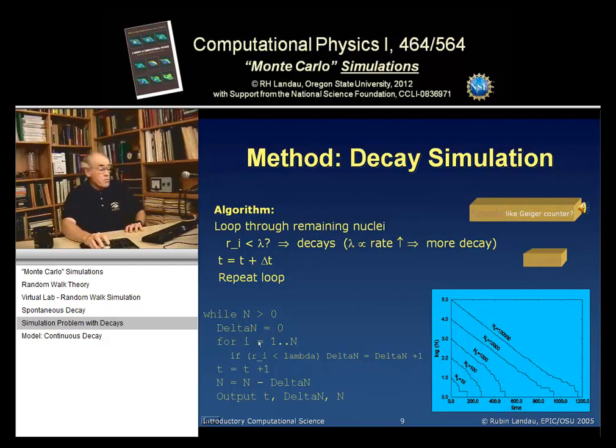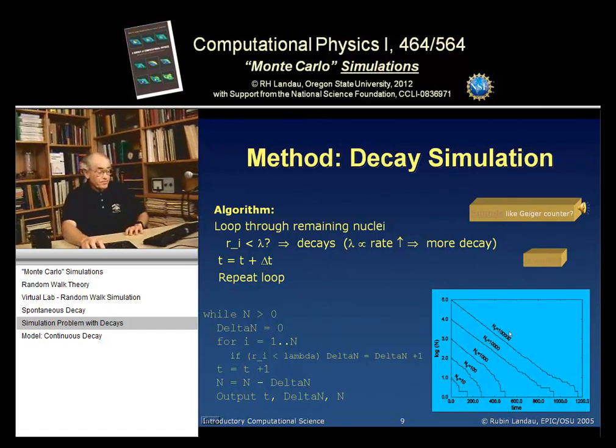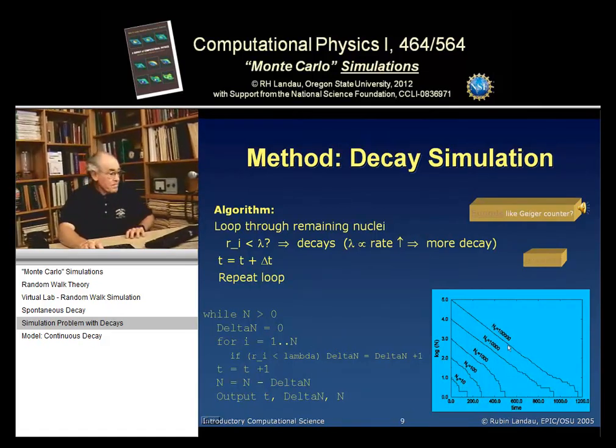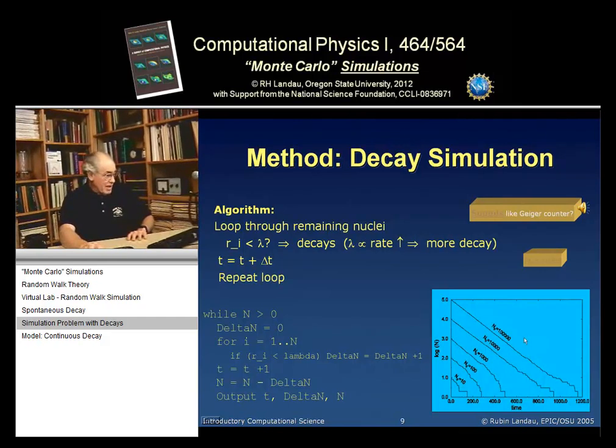When you're done with the loop, increase the time by 1, decrease the number of nuclei by those that have decayed, output this to a file, and then repeat the process again and again. And as you see here in the blue figure, we've made a plot of the number of nuclei on a log scale remaining as a function of time.